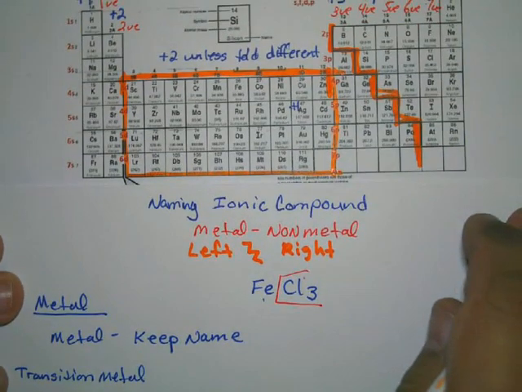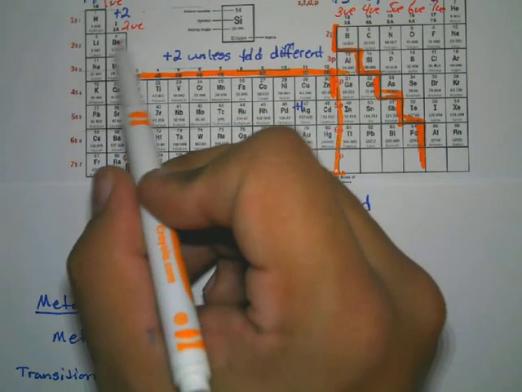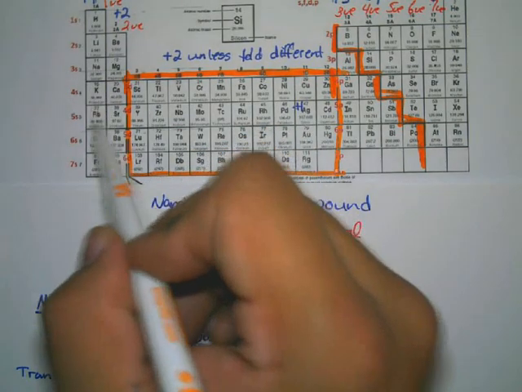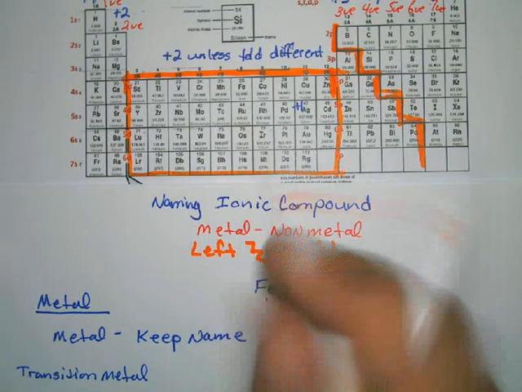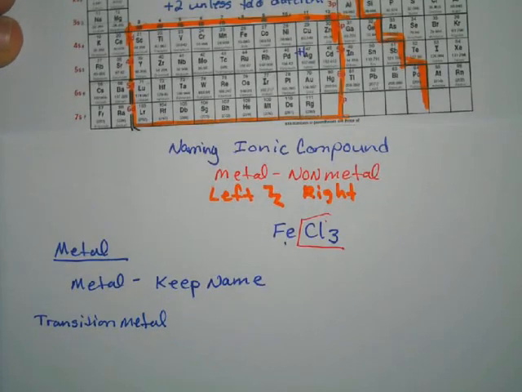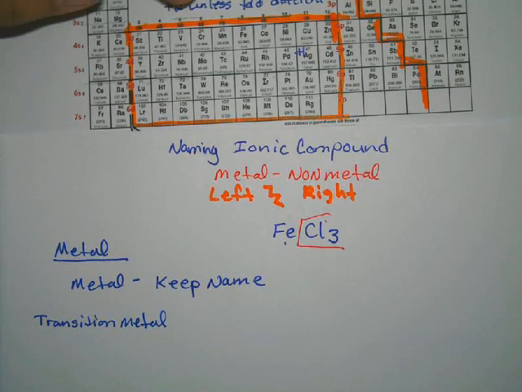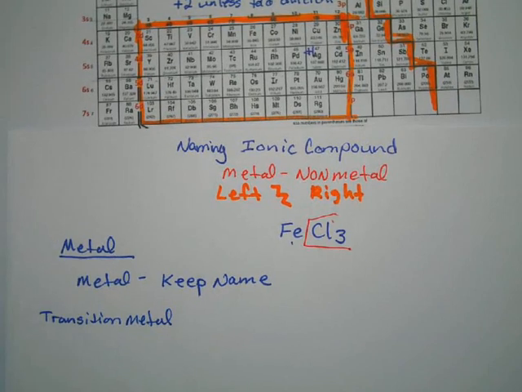So when you're naming, you got to check: is it a regular metal, your alkali and alkali earths, or is it a transition metal, one of these guys right here? Is iron one of those guys? Yes, he is. He's always in the middle, right here. So iron is a transition metal.